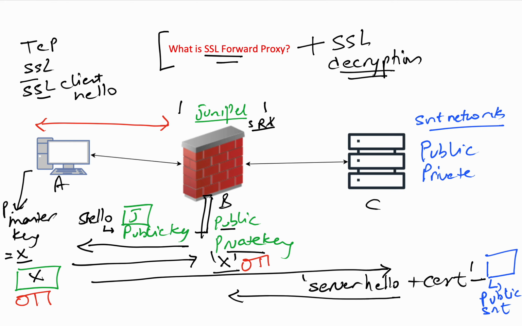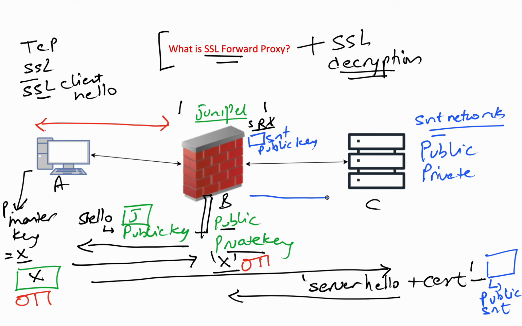Similarly, here on the other side, since we have a server hello back from the SNT network on the Juniper SRX, the Juniper SRX now has the certificate of SNT and its public key, correct?